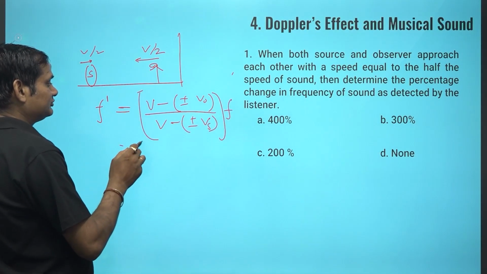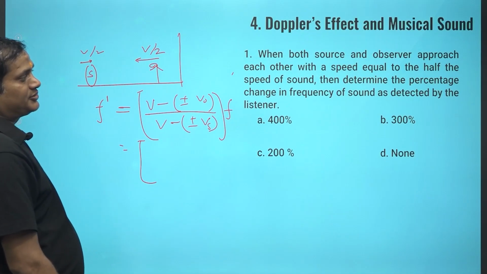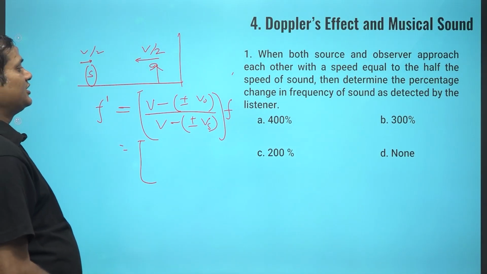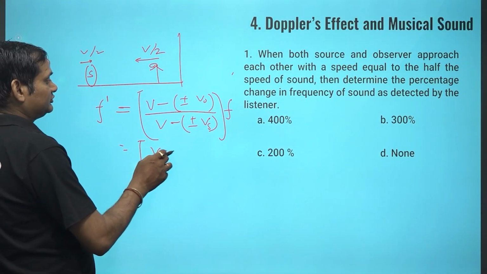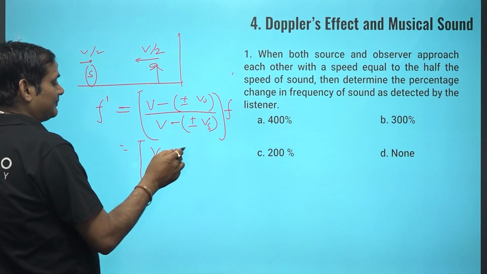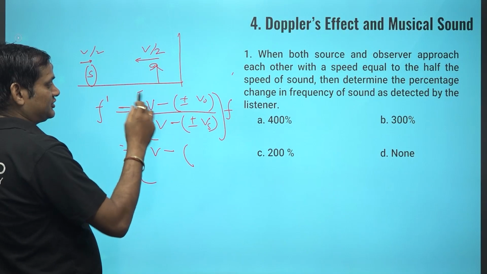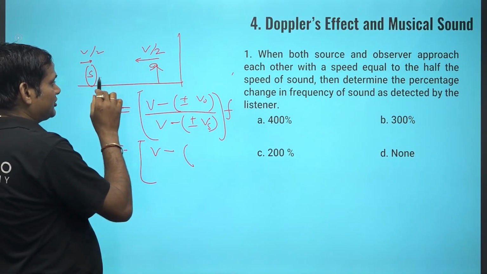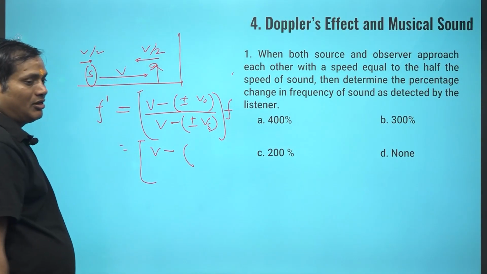Let the value of the velocity of sound be v, since it is not given. The observer is moving opposite, and the velocity of sound is always from source to observer.